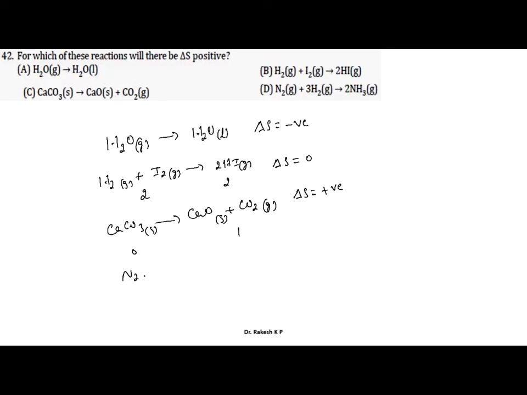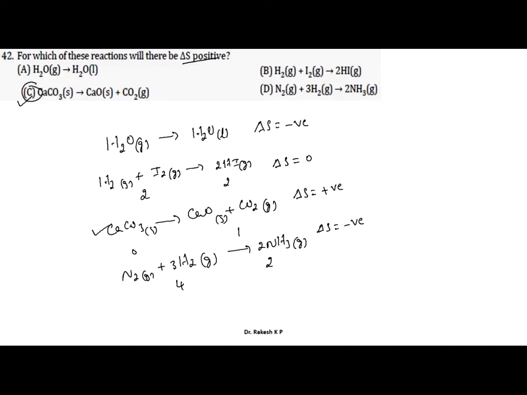N2 gas plus hydrogen, also a gas, gives 2NH3, also a gas. The number of gaseous moles goes from 4 to 2, it decreases, and delta S becomes negative. But here delta S becomes positive. Hence the option is C.